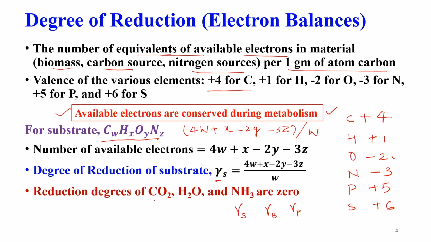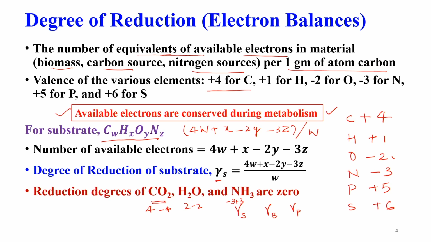Further, it is also interesting to calculate the degree of reduction of carbon dioxide. This will be 4 minus 4, which is 0. For water, this will be 2 minus 2, which is 0. Ammonia, 3 minus 3 plus 3, which is 0. So, the degree of reduction of these compounds is 0.